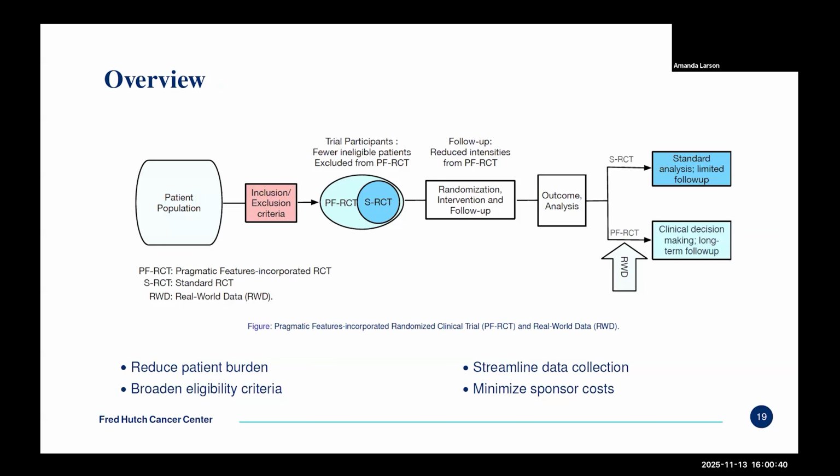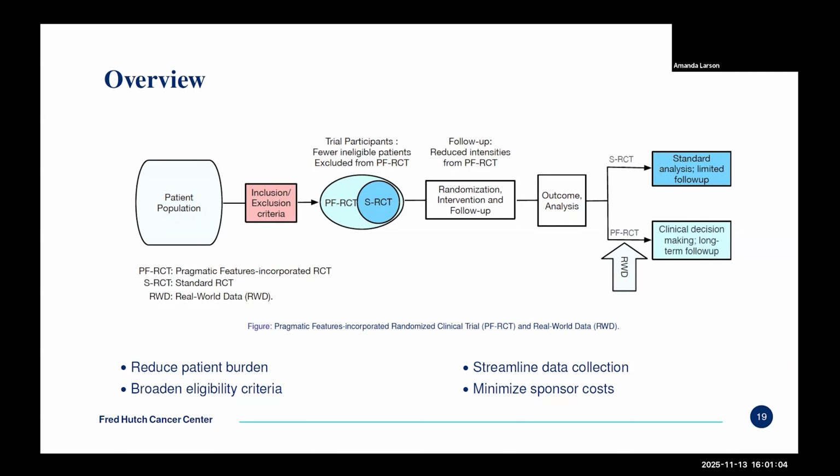Recently there has been a focus, a push for pragmatic trials, right? There are a lot of aspects that could be considered pragmatic.